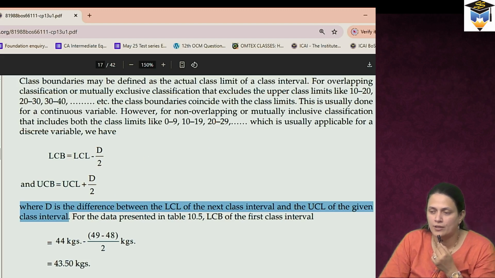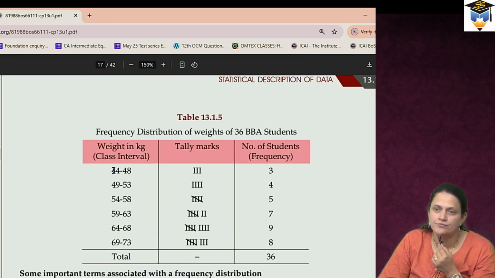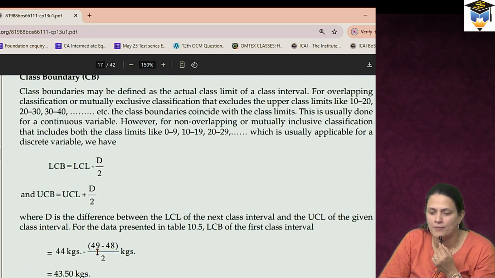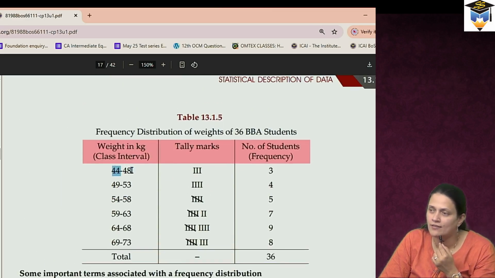Now let us check in the above table. Here, what is the lower class limit? Atharva, pay attention. What is the lower class limit? In this example, 44. Upper class limit is 48. Now how will you calculate the class boundary? 44 minus D. What is D? It is the upper class limit of the current class and the lower class limit of the next class, so that is 49 minus 48.